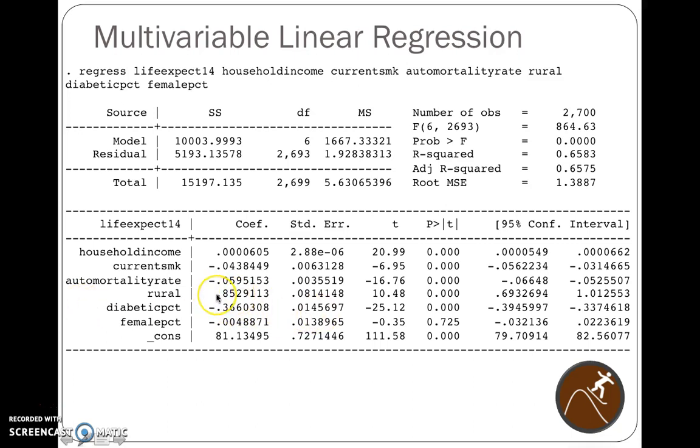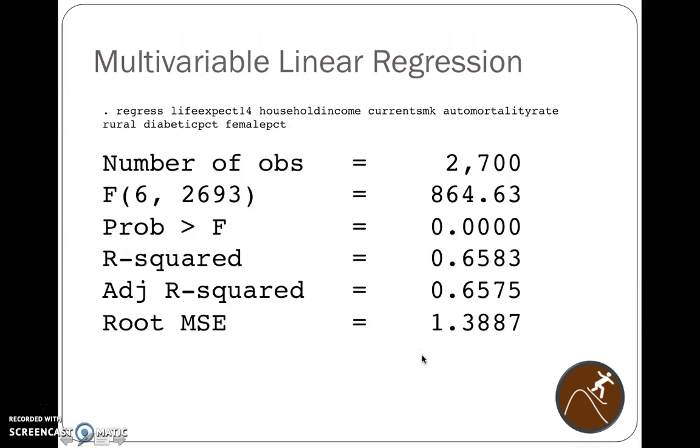If it's rural, then the life expectancy goes up. If it's more urban, life expectancy goes down. If it's diabetic, more diabetes, lower life expectancy. Female, more female, well, it's really irrelevant. So more or less, it doesn't matter. This coefficient we don't care about. It's not significant. We're not going to keep it.